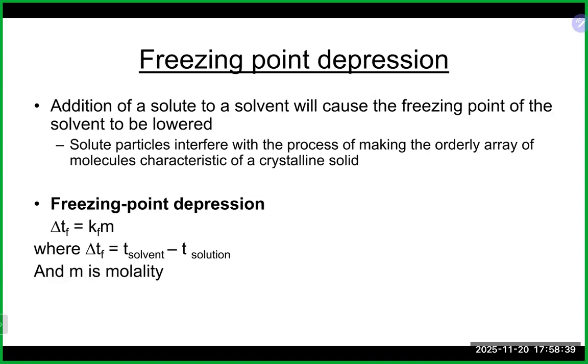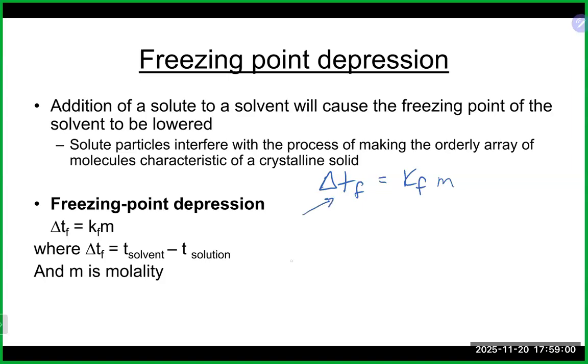And that is what's known as freezing point depression. Again, the solute particles interfere in that process of everybody coming together. And we do have a formula for that. That is the change in freezing point temperature is equal to Kf times m.